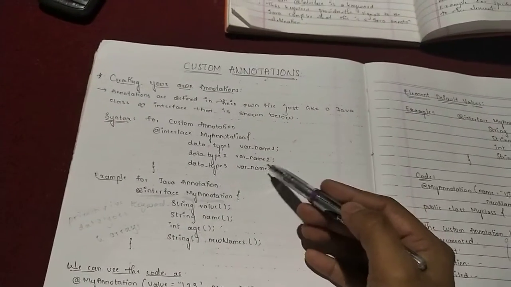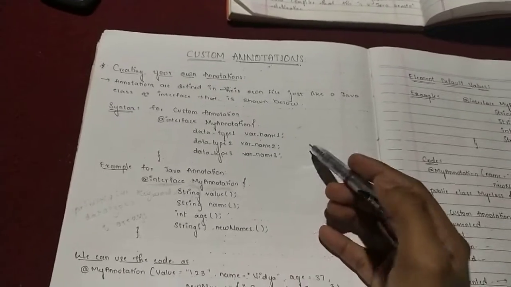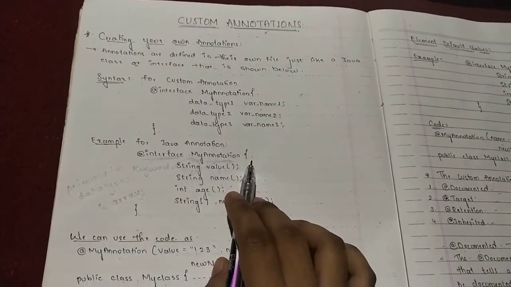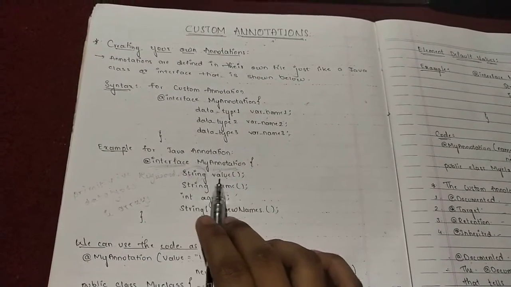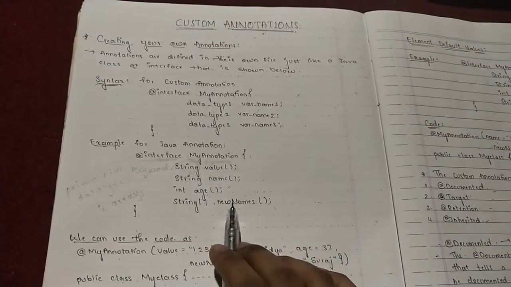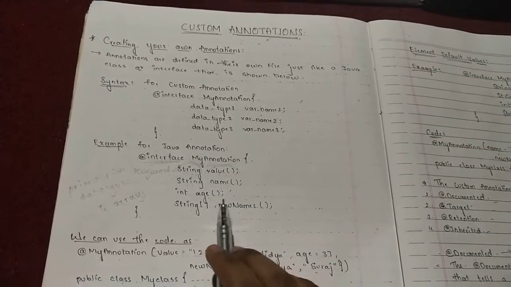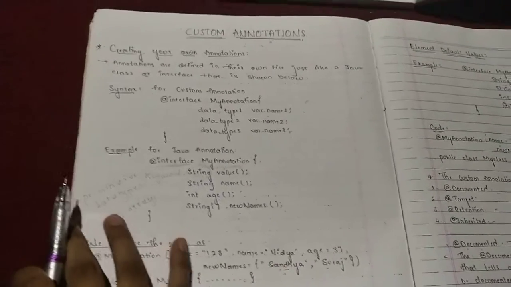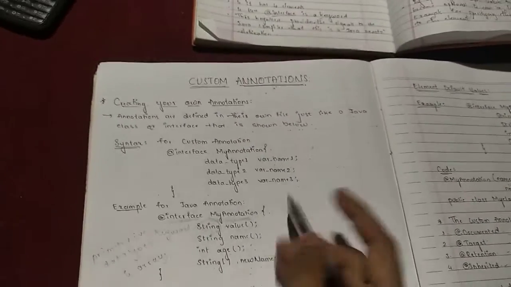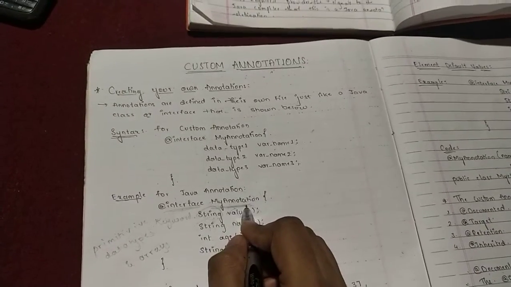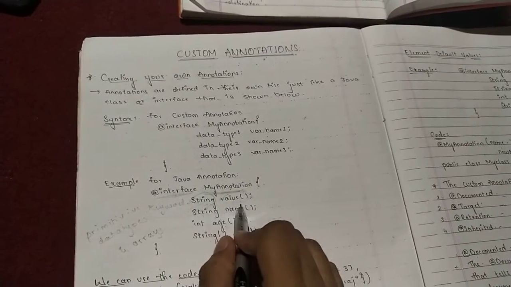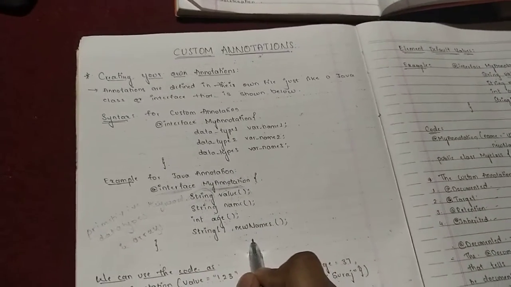We can declare n number of data types and variable names here. Example: @interface MyAnnotation, open curly bracket, String value, where String is the data type and value is the variable name, String name, int age, String[] newNames, open and close bracket, close curly bracket. This example defines the annotation, MyAnnotation is the name of that annotation. It has 4 elements: String value, String name, int age and newNames.